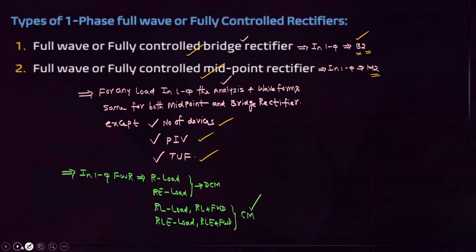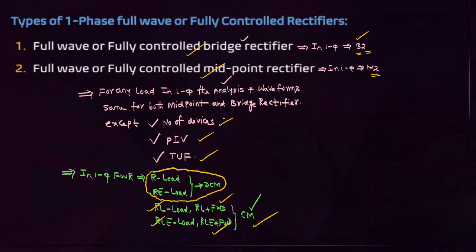First we have to start with the single phase full wave or fully controlled bridge rectifier using R load. And one more point you have to remember, students. In full wave rectifiers, R and RE load, it is a discontinuous mode. Remaining loads, RL load, RL and freewheeling diode, RLE load, RLE and freewheeling diode, continuous mode of operation.